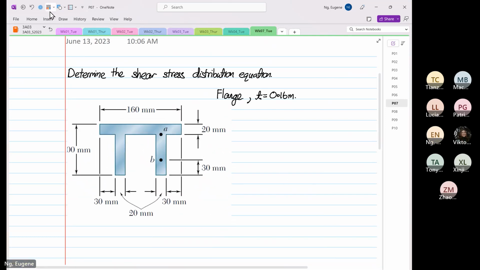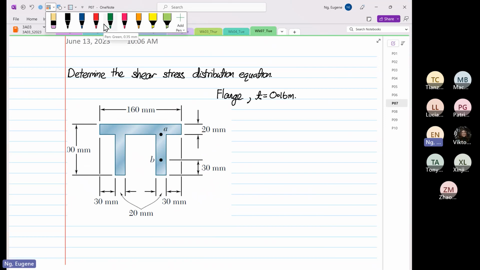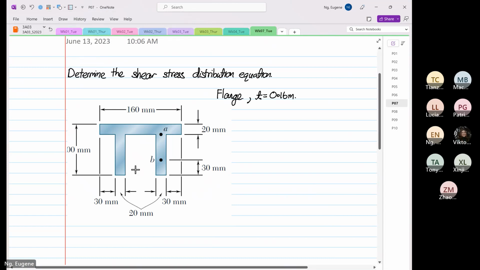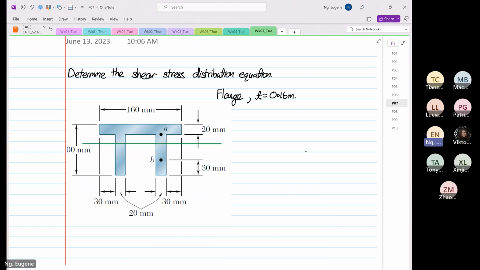So if this is our centroid, and then our variable y stops here.